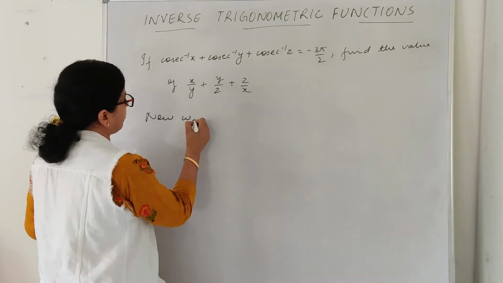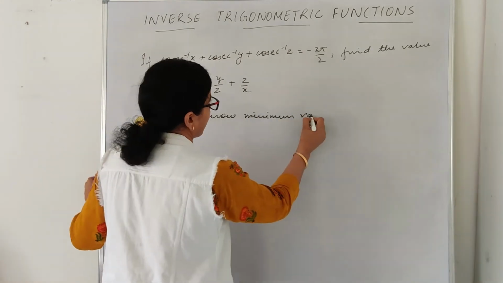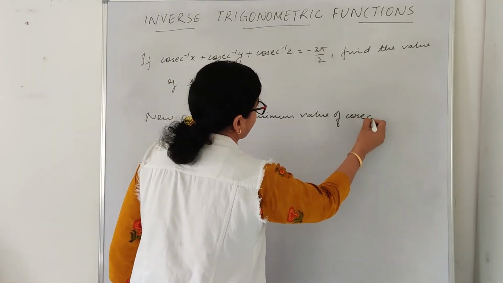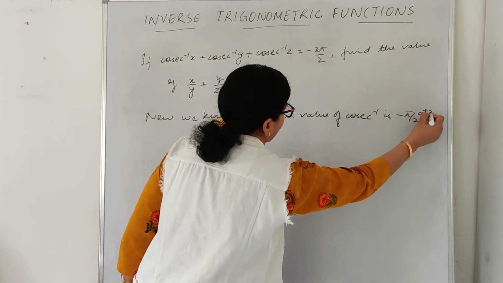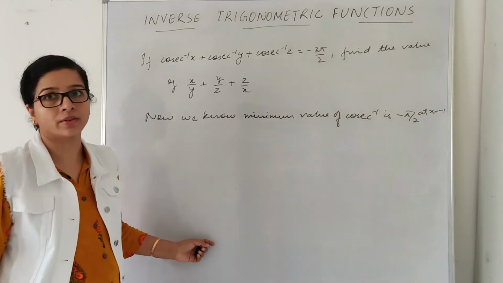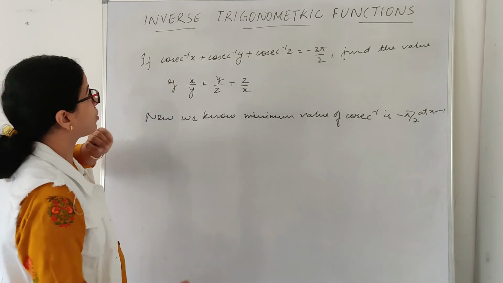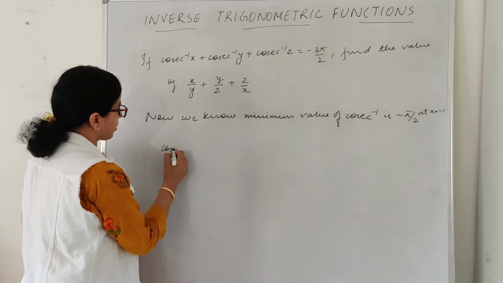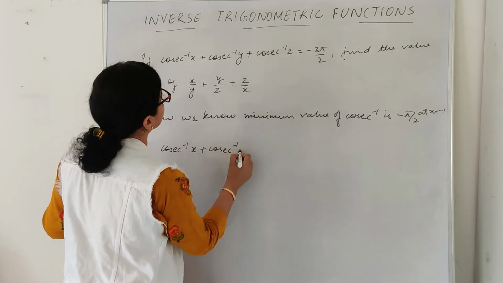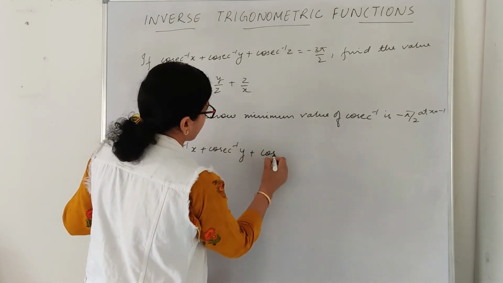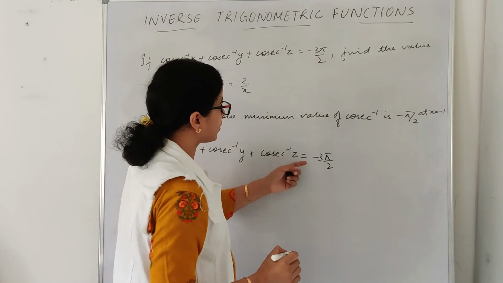So now we know the minimum value of cosec inverse is minus pi by 2 at x is equal to -1, right? So when it is equal to minus pi by 2, what can you write? Cosec inverse x plus cosec inverse y plus cosec inverse z equals minus 3 pi by 2.